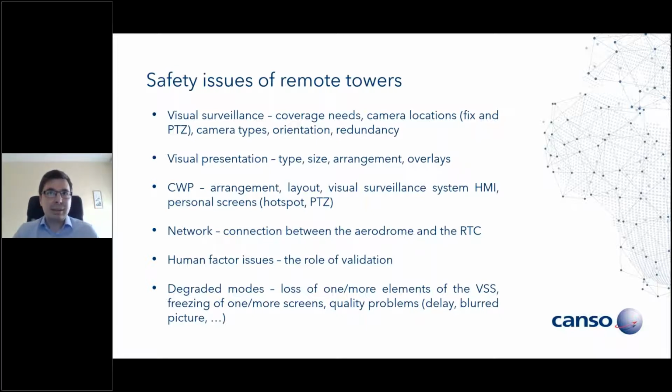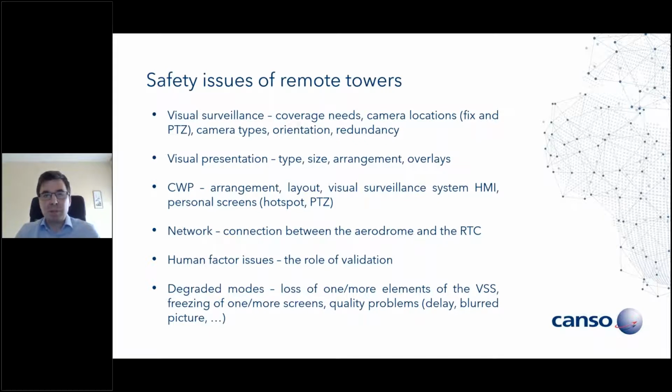Based on that, camera locations, camera types, orientation, and redundancy can be defined. Orientation is a very interesting question and very important in the case of bigger airports and distributed camera systems, but it can be important in small airports as well.